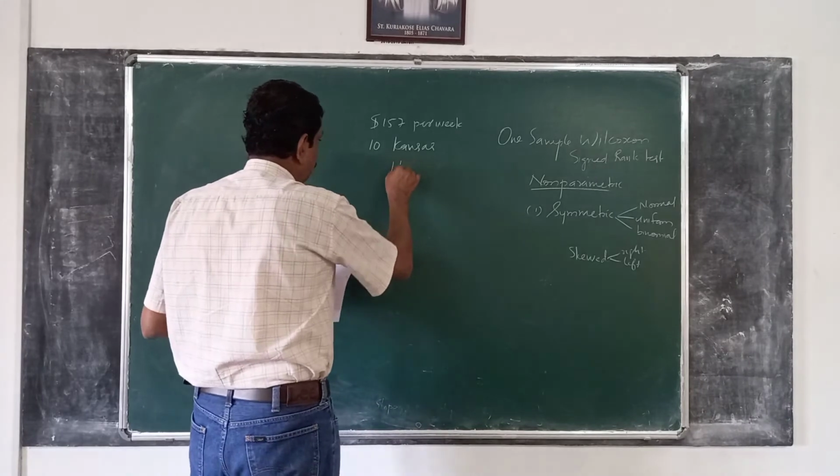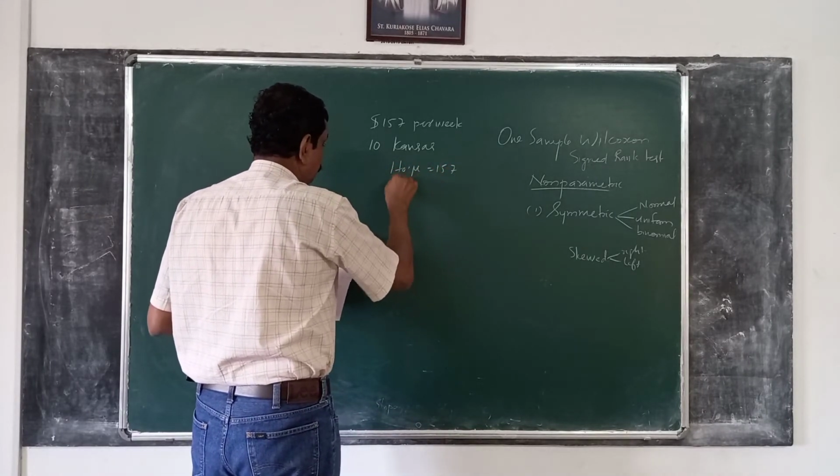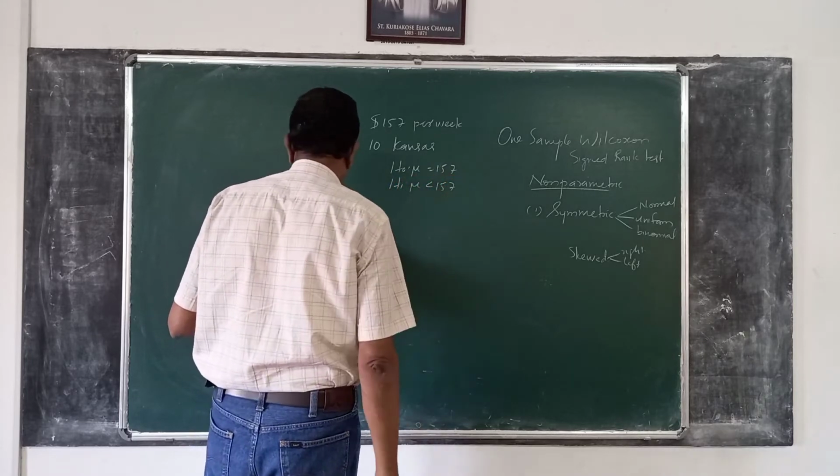So our null hypothesis is mu is equal to 157 versus H1 mu is less than 157.